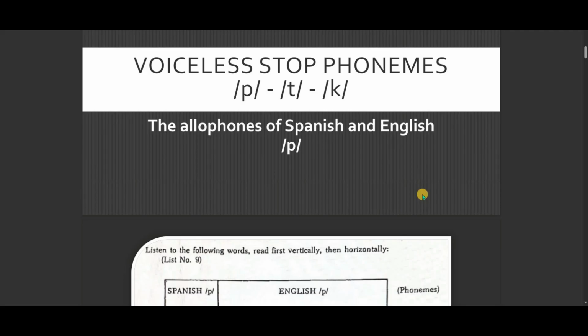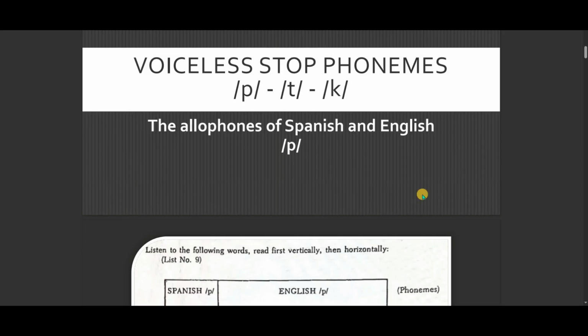First, we need to know that allophones are variations of sounds of the same letter in different words. So an allophone is a variation, the different sounds that one single letter can have in different words.